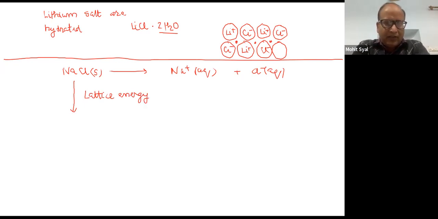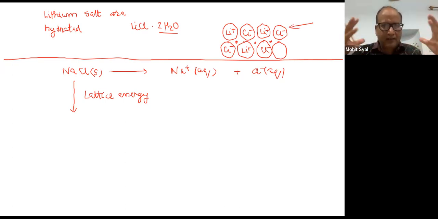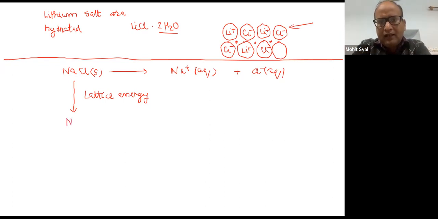In this salt, each cation is surrounded by anions and each anion is surrounded by cations, and that framework is known as the lattice. When you give this much energy, lattice energy, all the cations and anions break apart, and what you get is Na plus in the gaseous form and Cl minus also in the gaseous form.